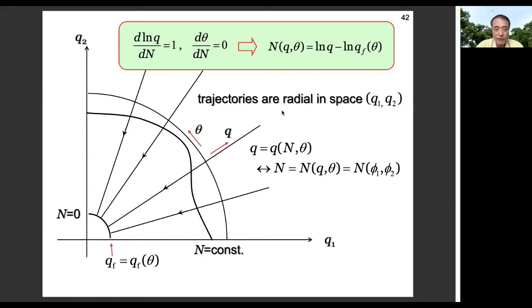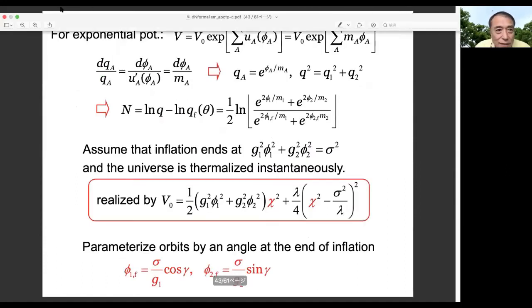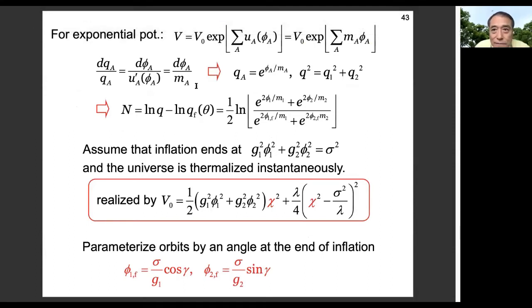And this is exactly the same as the diagram I drew before, with several cases of delta n.